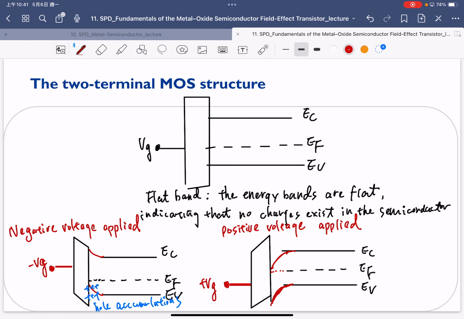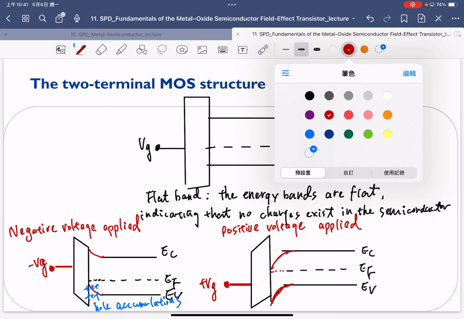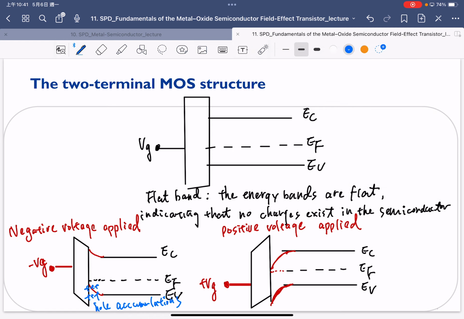So originally, this is a p-type because our EF is close to EV. But right now at the interface, our EF is close to EC. So that means we start to induce negative space charge.